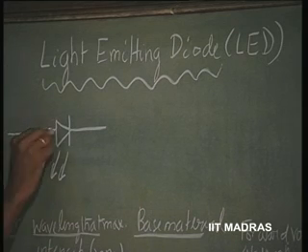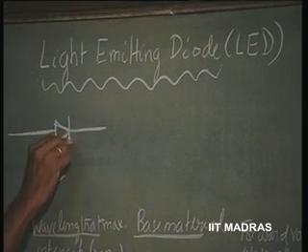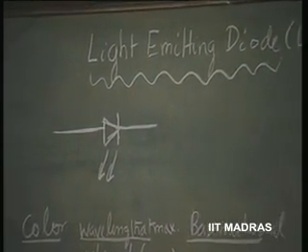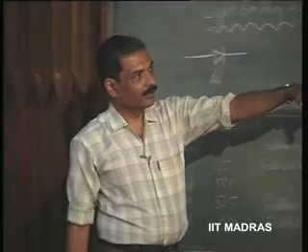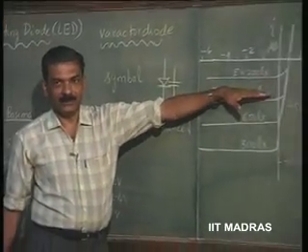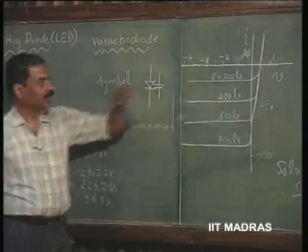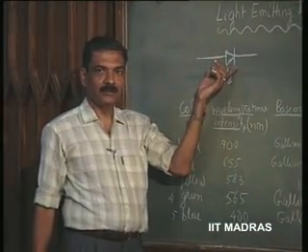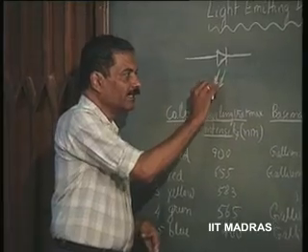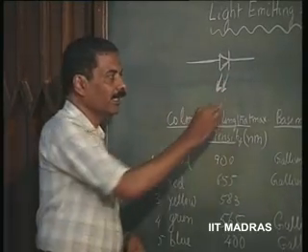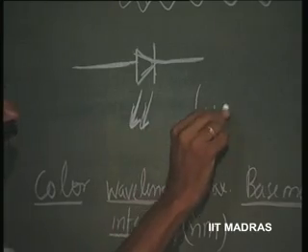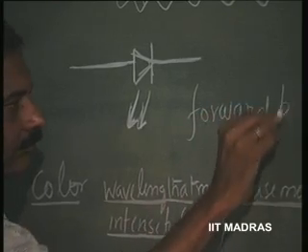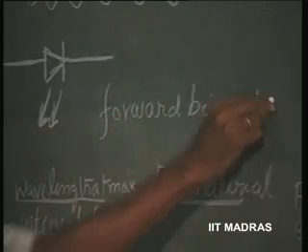When this is forward biased, this junction, remember that there this is the reverse bias saturation current which is controlled. Here, when this junction is forward biased, under forward bias condition, it emits light. That is important.